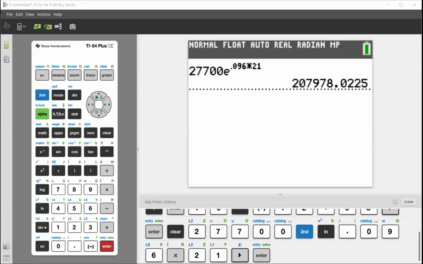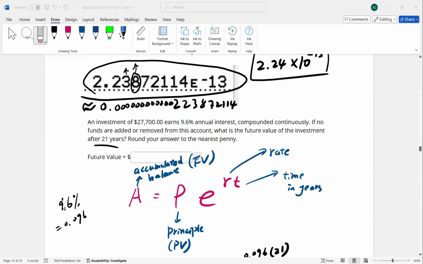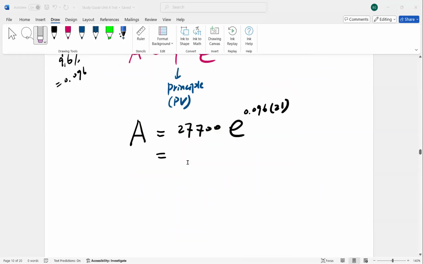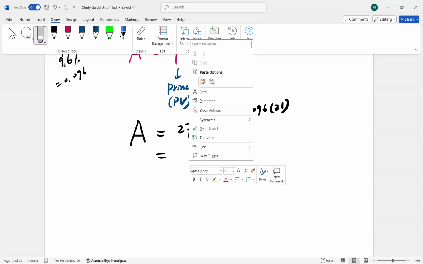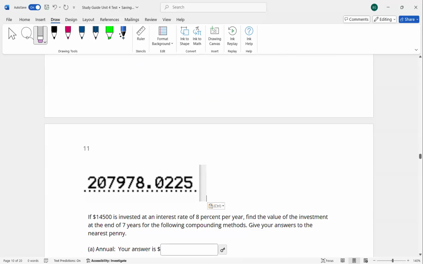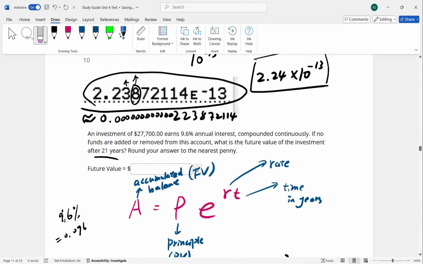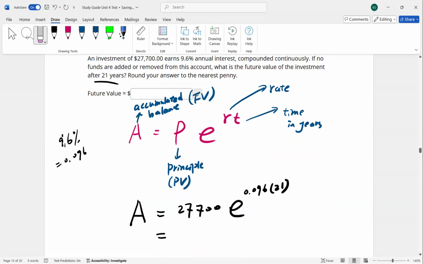Let's see how we run the result. Let's go back to the study guide. It's right here. Round your answer to the nearest penny, or nearest cent.